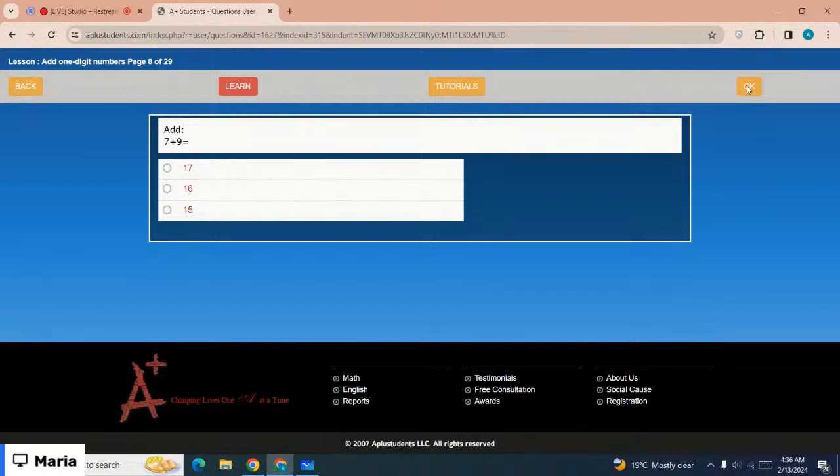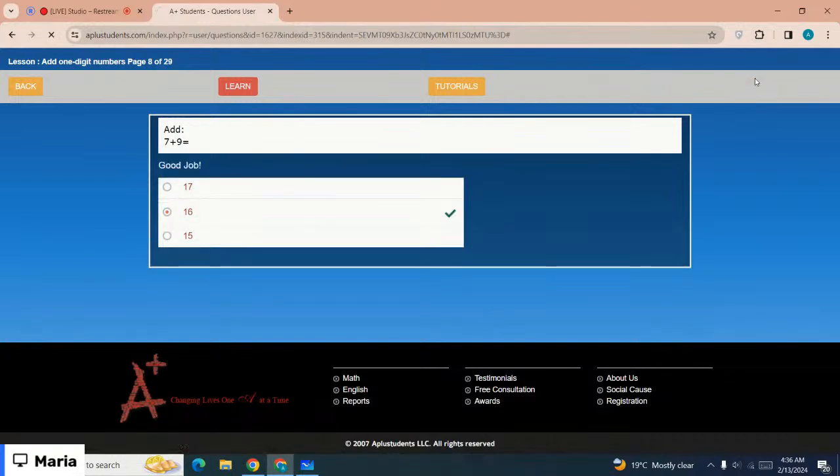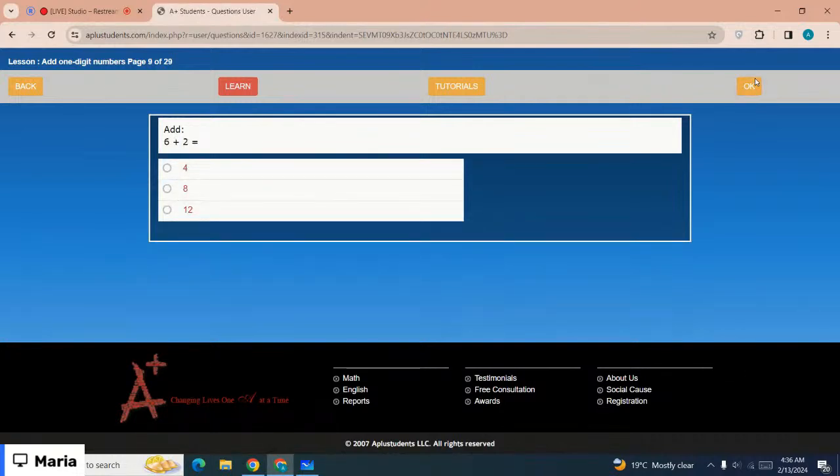The correct option is 16. 6 plus 2 equals, yes, that is 8. 6 plus 2 equals 8 it is.